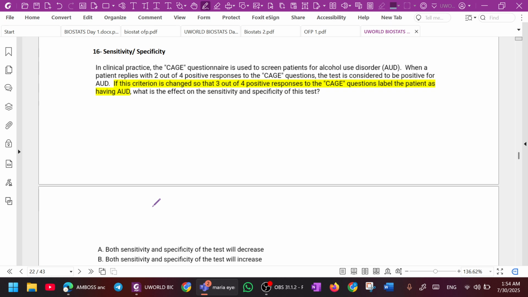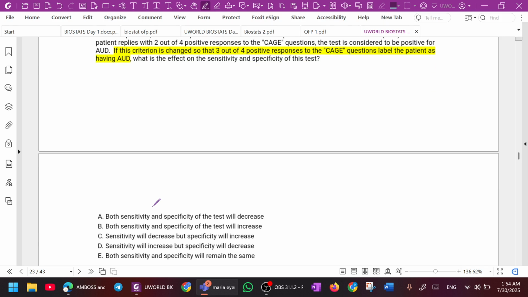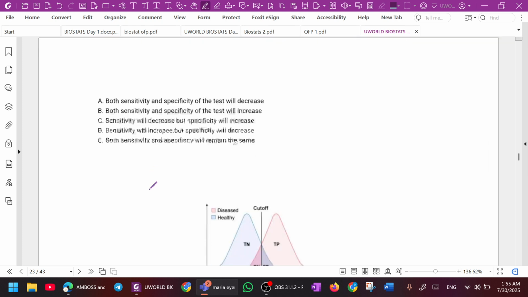Initially it was 2, now it is 3. So their sensitivity will decrease, isn't it? Because as we are taking more and more criteria, sensitivity will decrease, but specificity will increase.